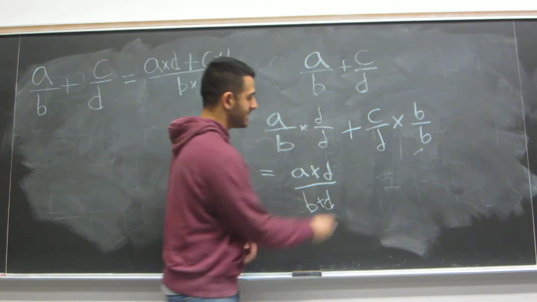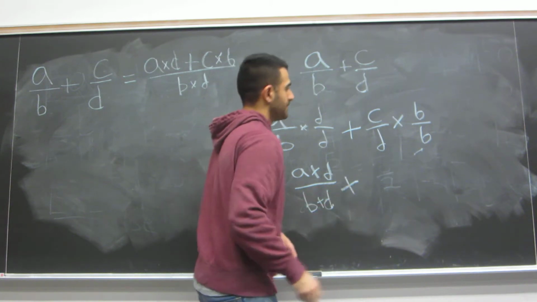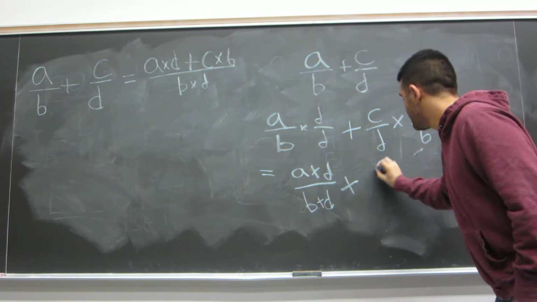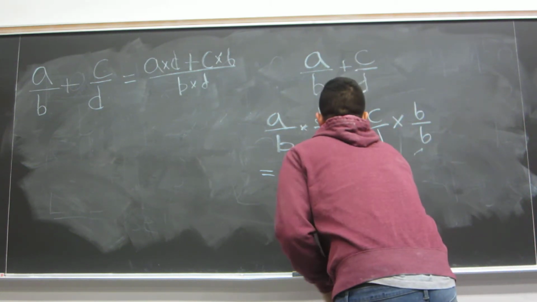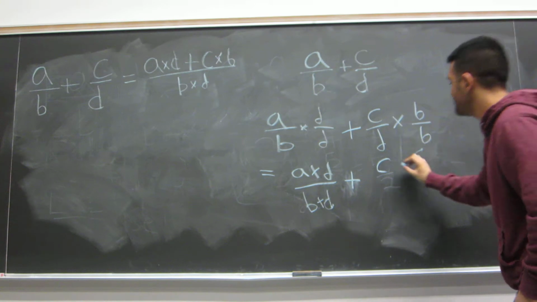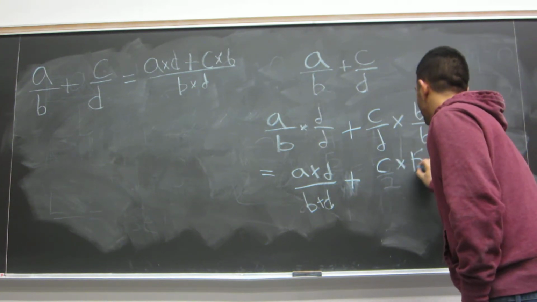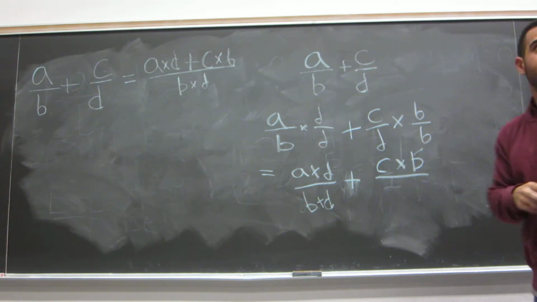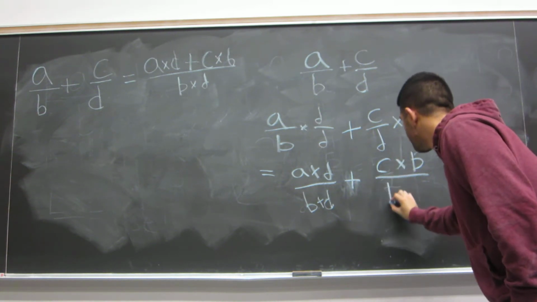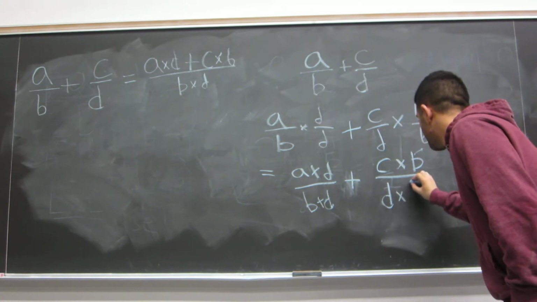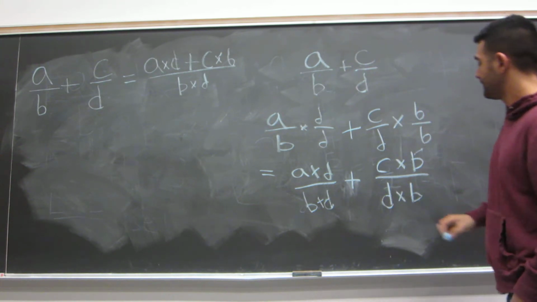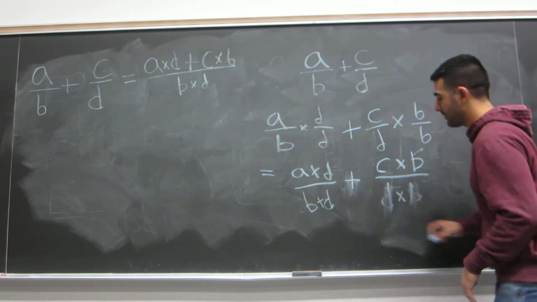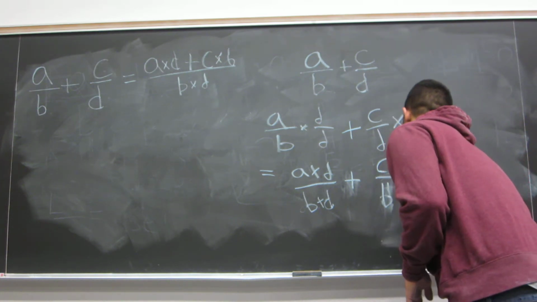And we're going to add that to numerator times numerator, so that should be plus c times b. And then we multiply the denominator times the denominator, so d times b. Or we know from multiplication that this is the same thing as b times d.